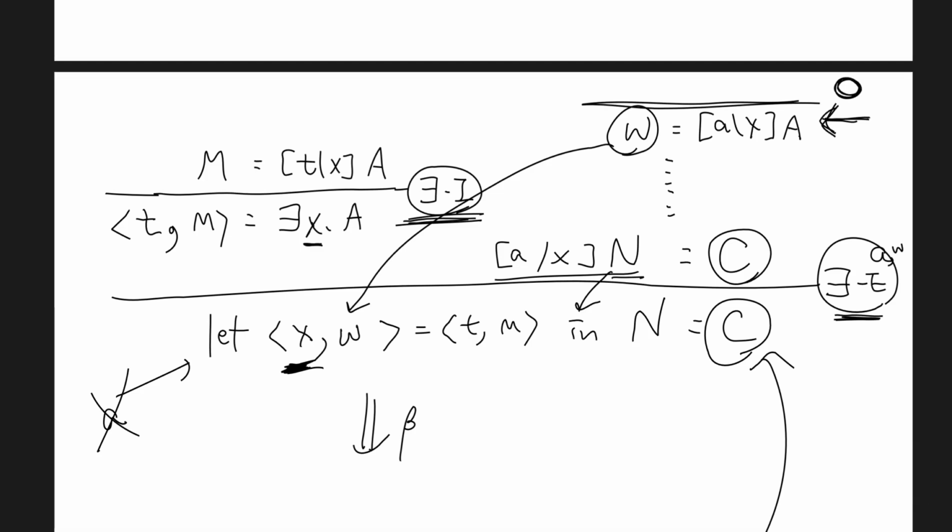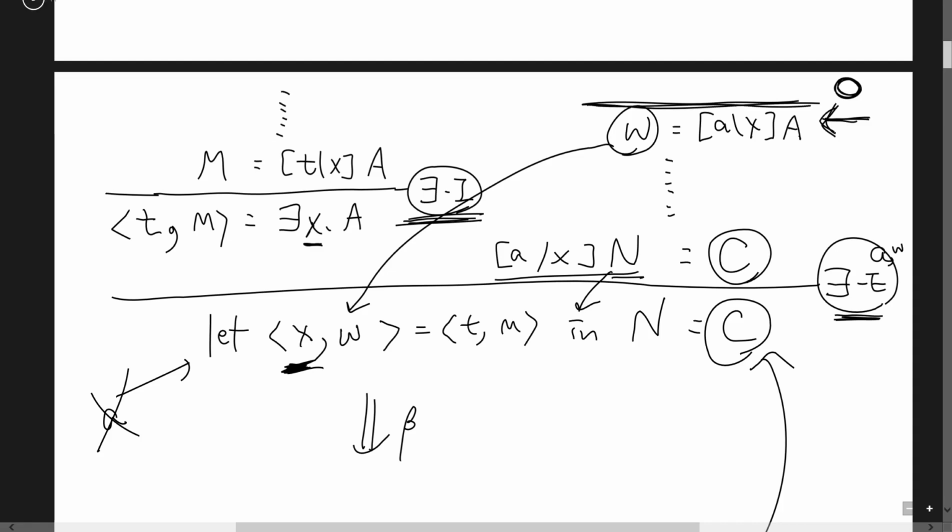If we can replace this hypothesis with the actual concrete proof term, then we are finished. And we can replace this hypothesis by exploiting this proof, this derivation tree or this proof term.